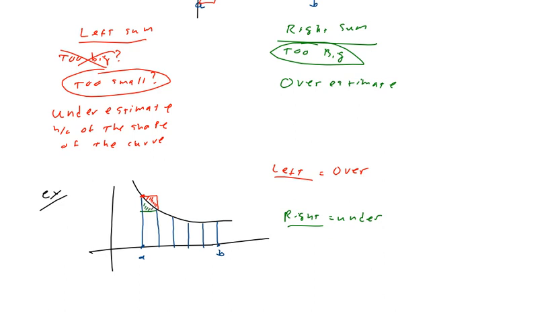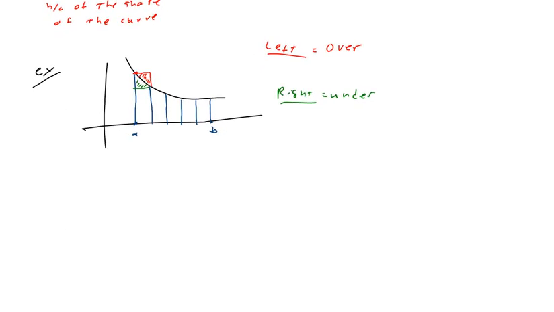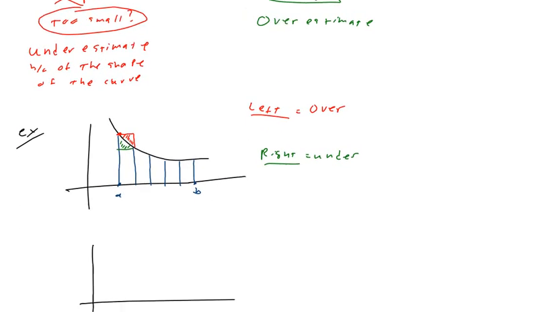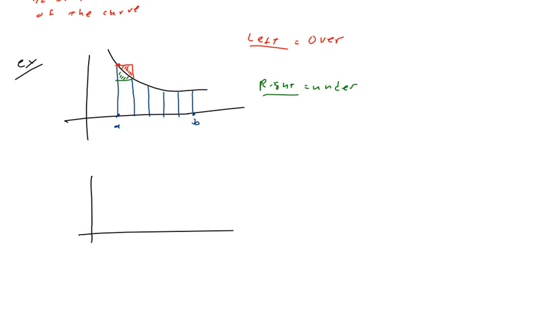Okay, what about this curve here? Another example. What about one that goes like this curve here? What about left and right here, from A to B?